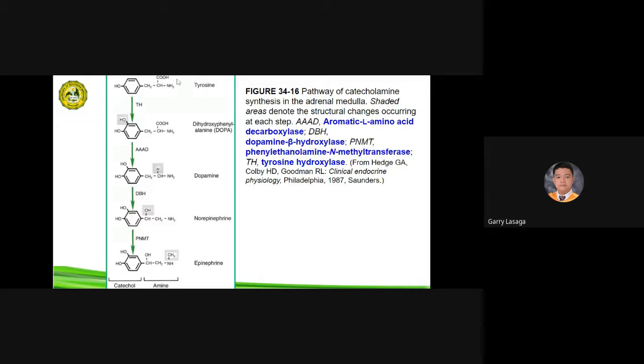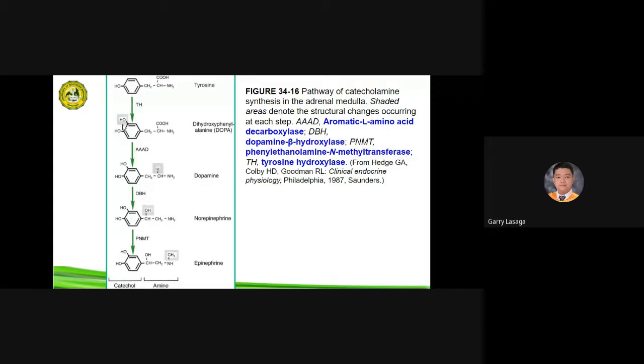So again, going back to the pathway, the shaded portion here represents the structural changes that occur at each step. So for example, from tyrosine to DOPA, the structural change that happens here is the attachment of the hydroxyl group in this particular portion here of the catechol group.